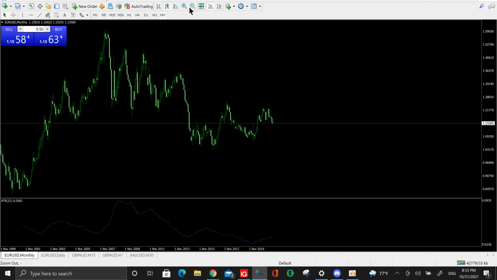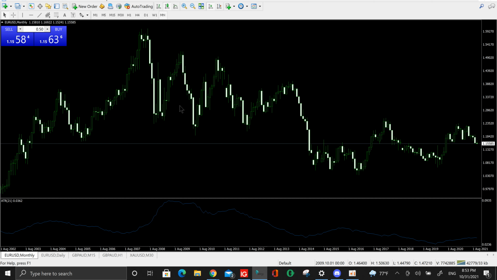We can see that long term it is bullish, and there is a recent structure break to the downside, so we are seeing a possible move down.